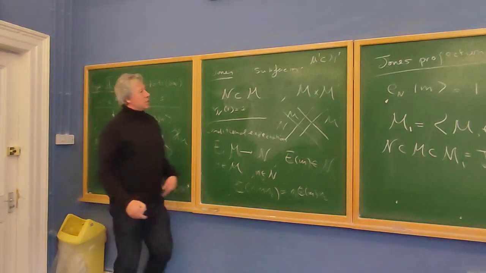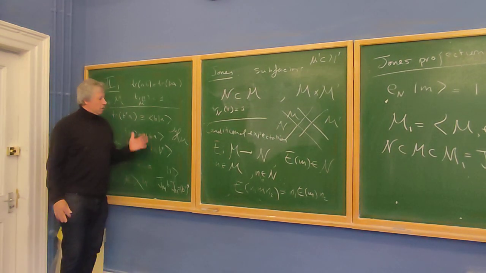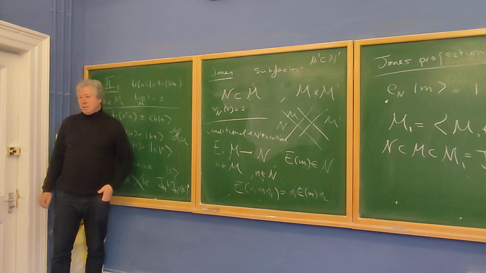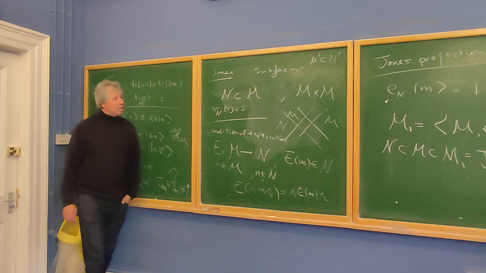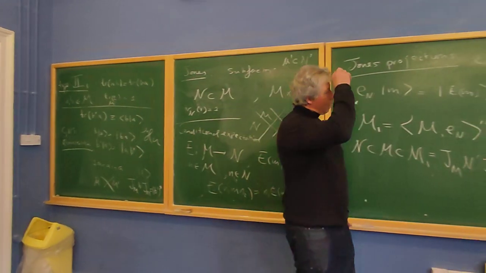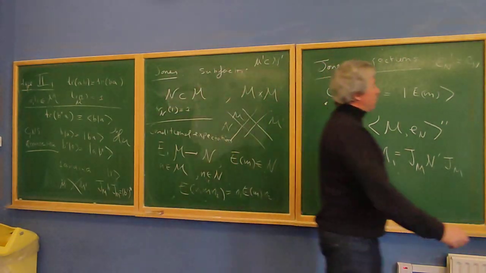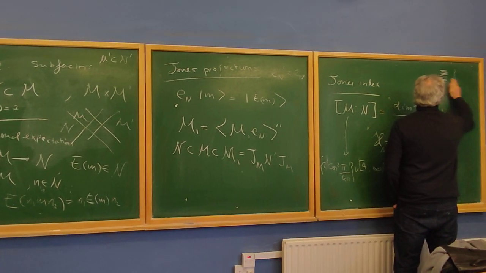No, so N prime is defined as taking all the things that can act on this Hilbert space that commute with all the elements of N. And that's bigger than N. Yes, because M prime commutes only with the entire M, while N prime commutes with the smaller one, so it's bigger. The more things you commute with, the smaller the commutant. Yes, this is actually a very important idea.